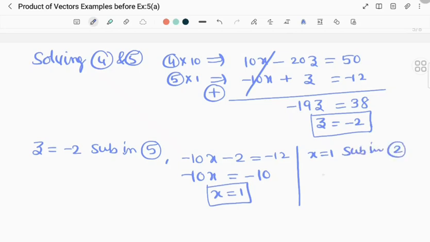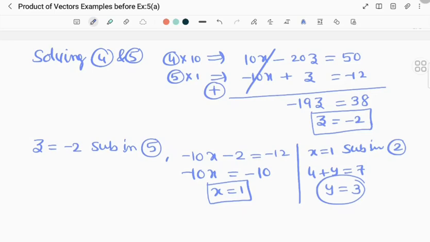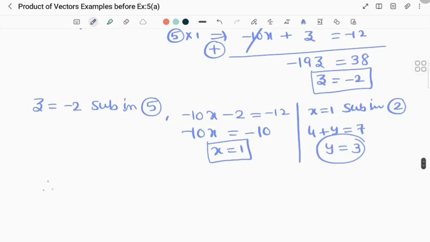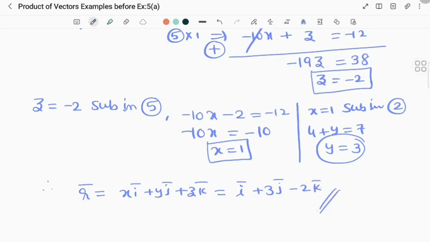You will get 4 into 1, so 4 plus y equal to 7. So y is equal to 7 minus 4, 3. So therefore the values of x, y, z are there now. Therefore r bar equal to xi plus yj plus zk is equal to 1 into i, plus 3 into j minus 2 into k. This is the required vector. I hope everyone understand that.